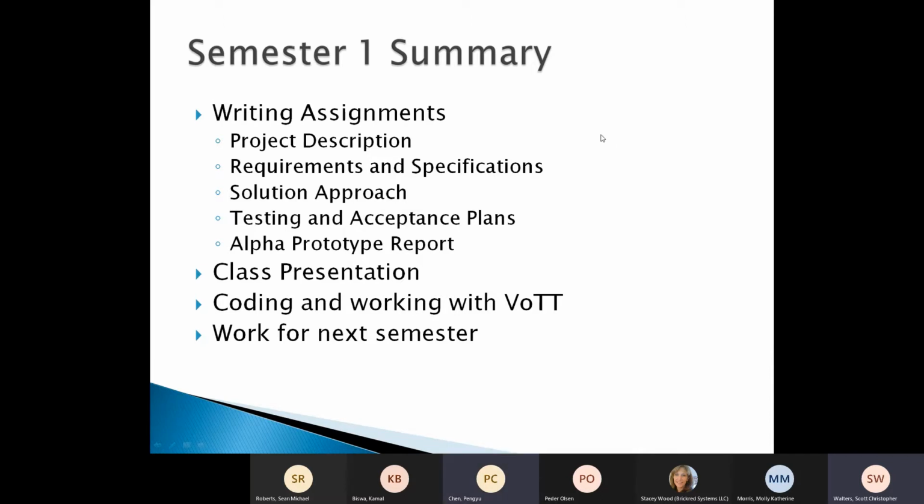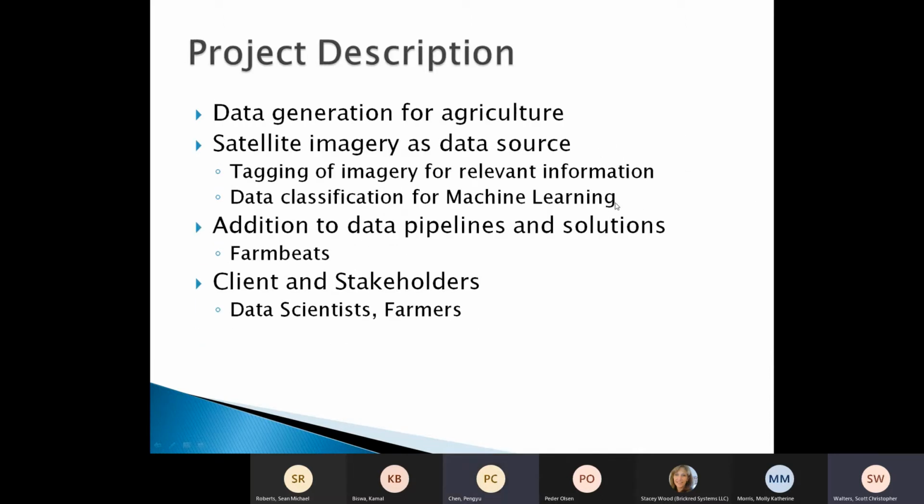So to start out, the very first milestone we did was a project description. Out of the first few meetings that we had with the Microsoft team, we were able to get some clarity and perspective on the project, and this is the document that took that information and formalized it.